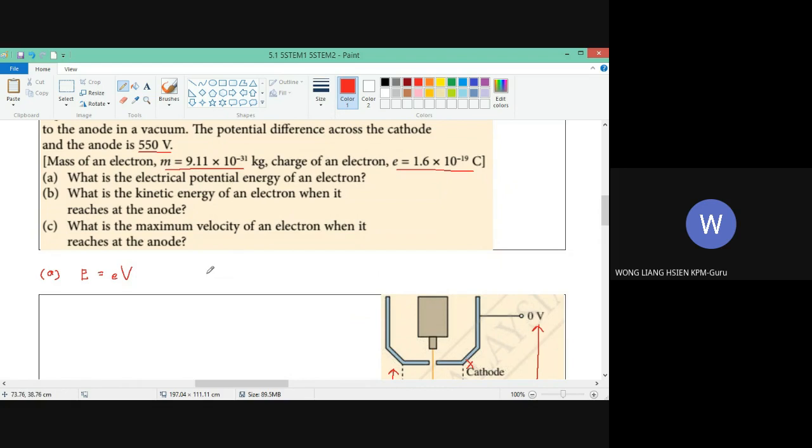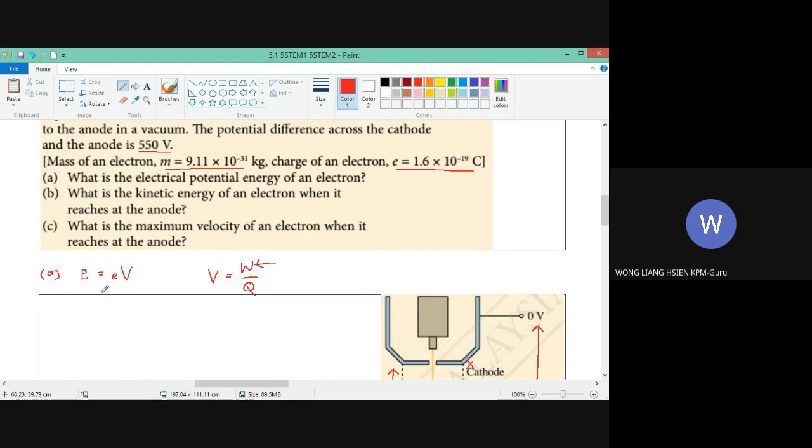Or if you want to use the original equation, potential difference equals to work over charge, you can use this to calculate the energy also, no problem. There is no rule that says you must use this equation. To use this to get the work done is the same thing.